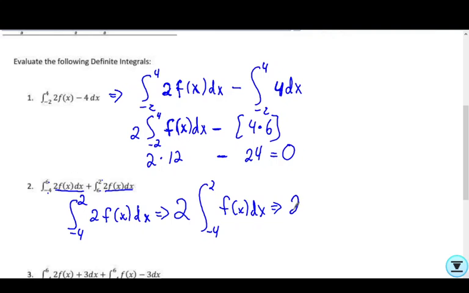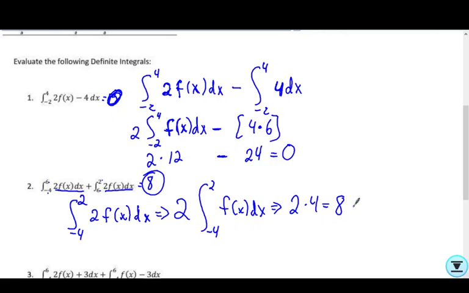So basically this is 2 times 4, which is, why did I put 8? 2 times 4, which is 8. So the answer to this one is 8. The answer to the previous one is 0.